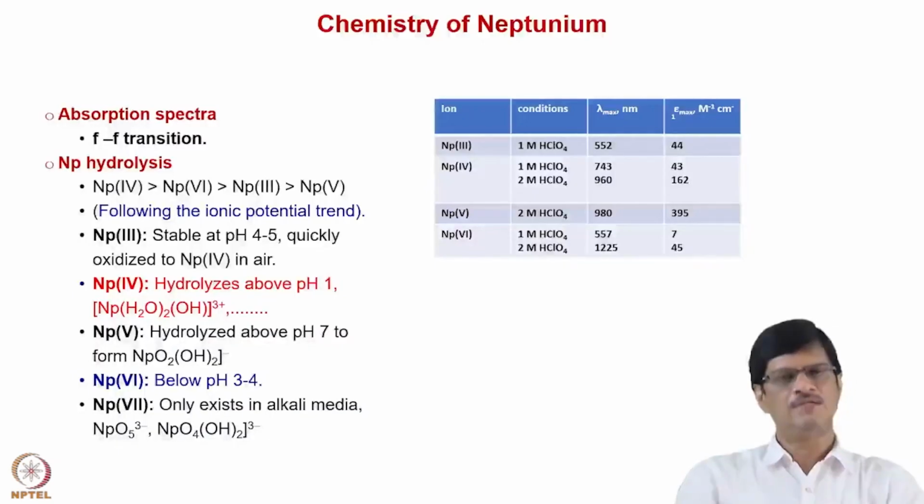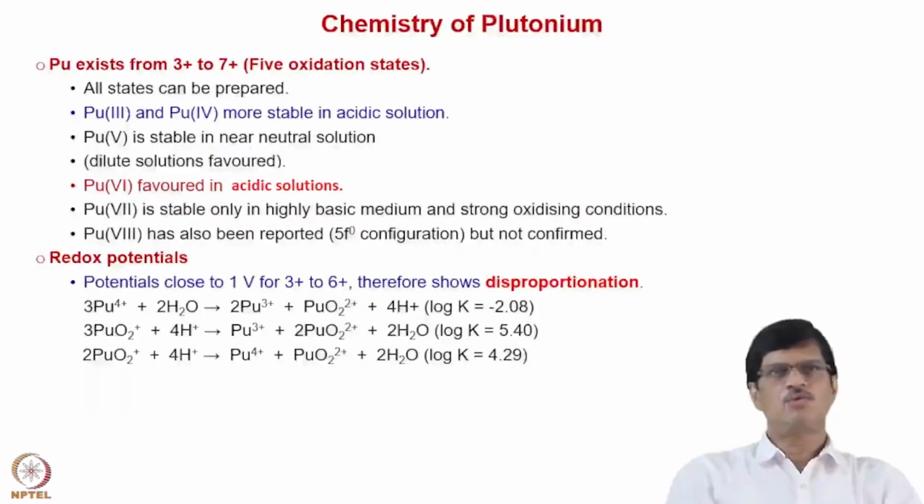Neptunium 5 is hydrolyzed above pH 7 to form species like NpO2(OH)2-. Neptunium 6 is stable only below pH 3 to 4, otherwise it gets hydrolyzed, and neptunium 7 only in basic medium.